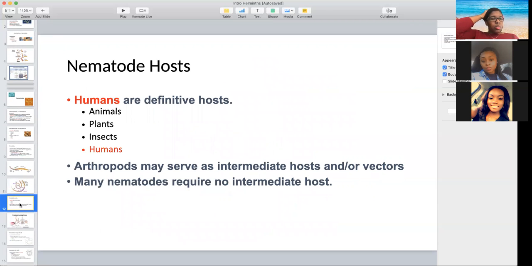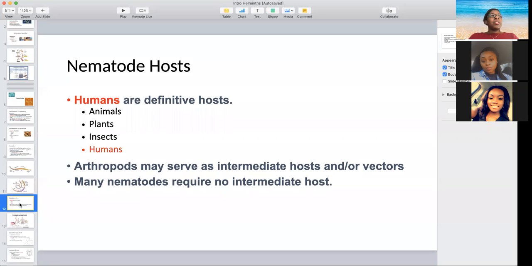Let's look at some of the different hosts for these roundworms. Humans are an example of a definitive host. Arthropods may serve as an intermediate host or as vectors. We talked about vectors earlier in the semester and their role in parasitic diseases.